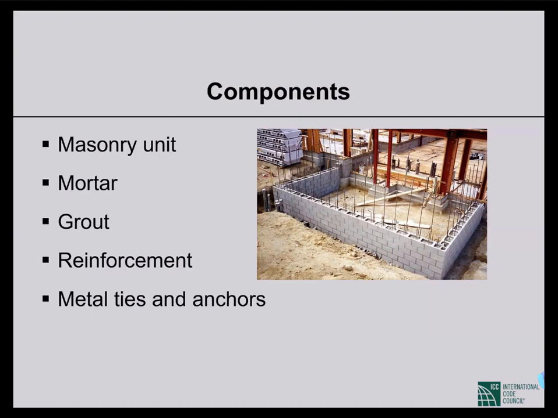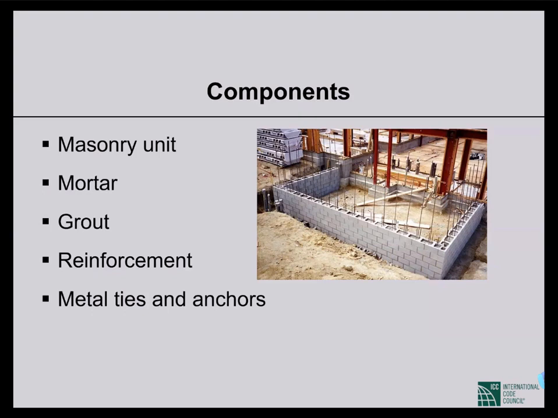They are called leaves or limbs, and we leave a cavity or gap between those two limbs, and these limbs are connected with metal ties that are used at certain spacing.